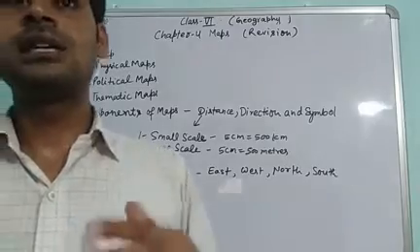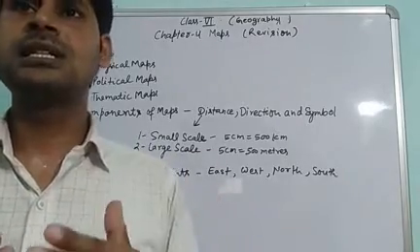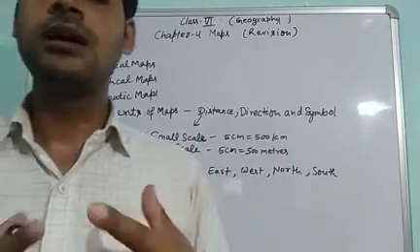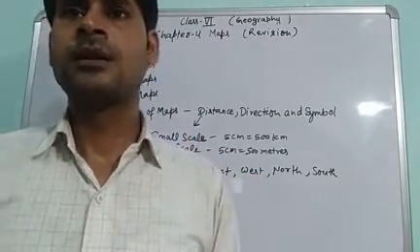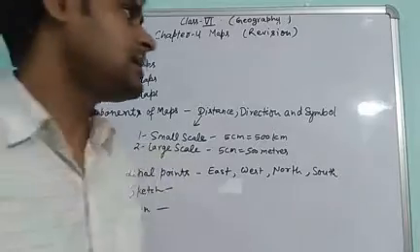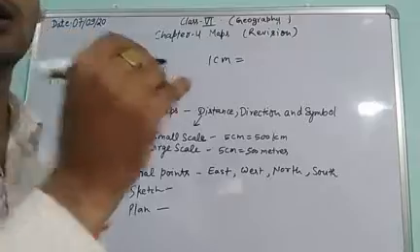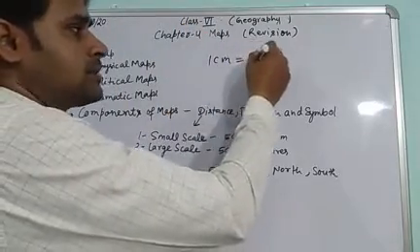Scale is the ratio between the actual distance on the ground and the distance shown on the map. For example, 1 centimeter is shown for 100 kilometers.